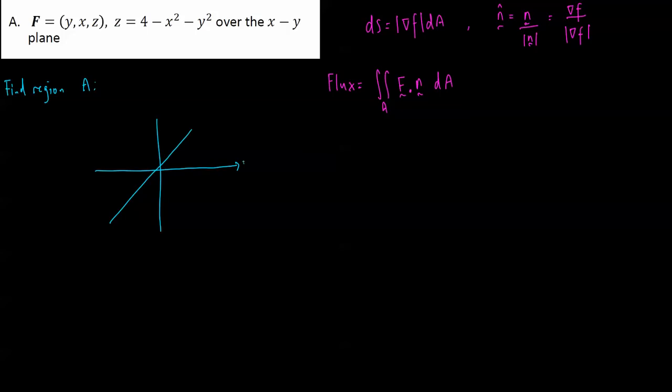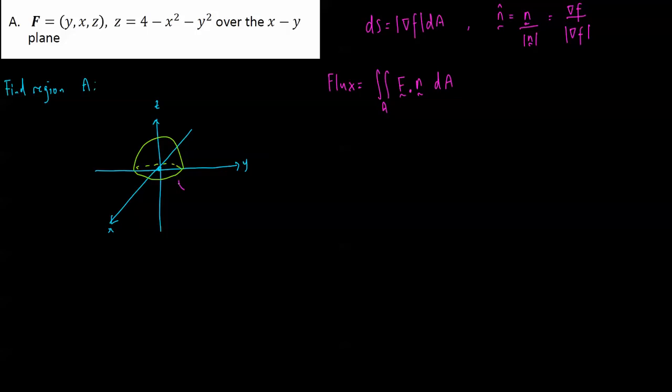Okay, so that's my y-axis, my x-axis, and my z-axis. So 4 minus x squared minus y squared looks like this. It's a paraboloid, so we get a parabolic bowl in the xyz axes.